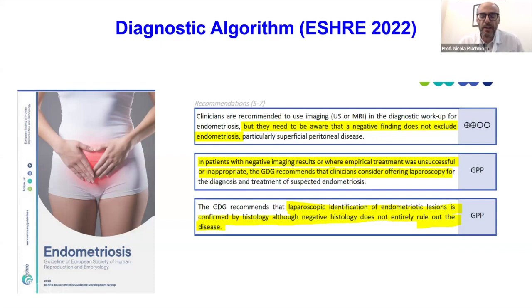And even if the imaging is negative and we can suggest an empirical treatment to our patient, well, at some point we can also estimate a sort of over-treatment and over-diagnosis of endometriosis because we have no proven symptoms and signs of clearly endometriosis diagnosis in our patient.